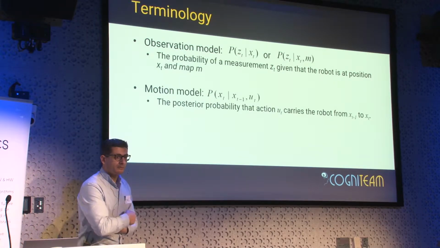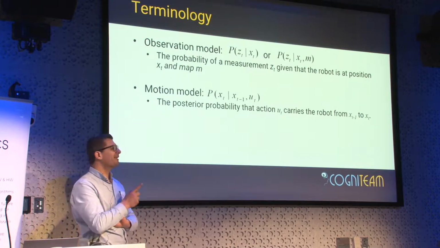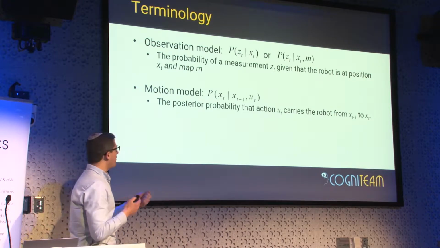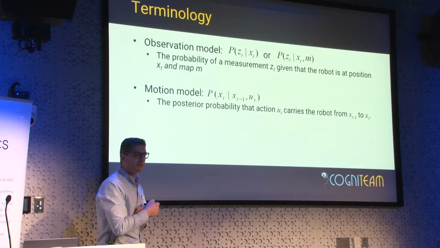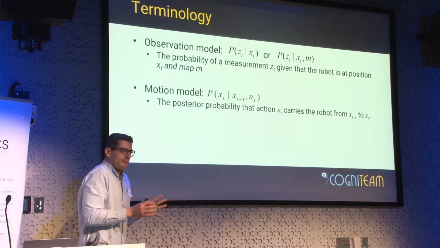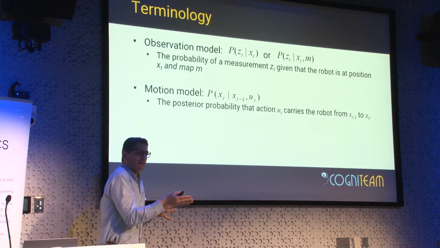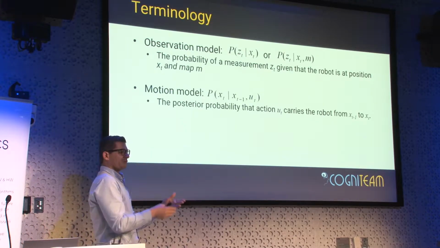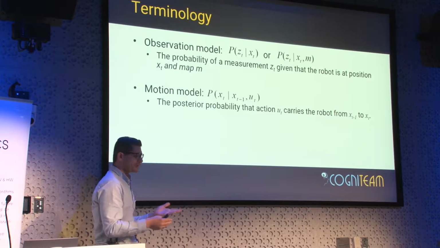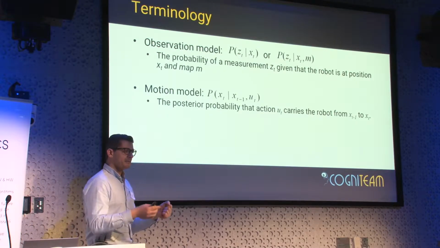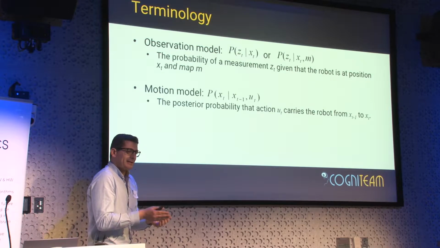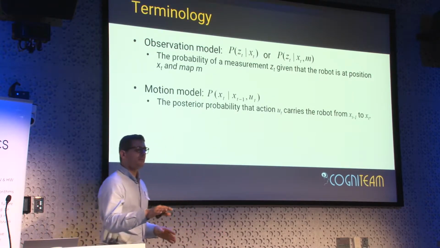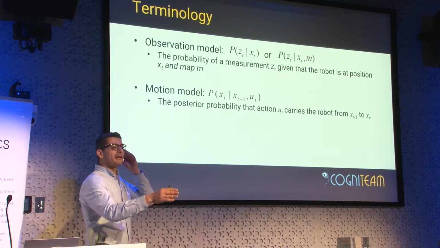The motion model is what is the probability to be in location xt, while in the previous step my location was xt minus 1, and I moved delta x, delta y, delta theta. Because if I was in xt minus 1, and I moved delta x, delta y, delta theta, I can calculate where I am in xt. But now, how accurate is it?